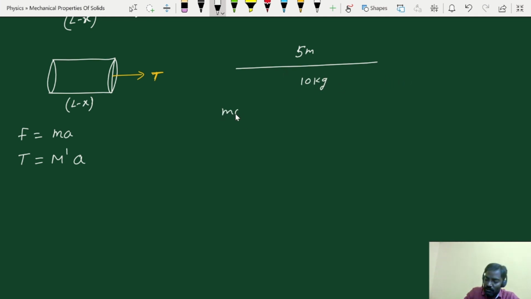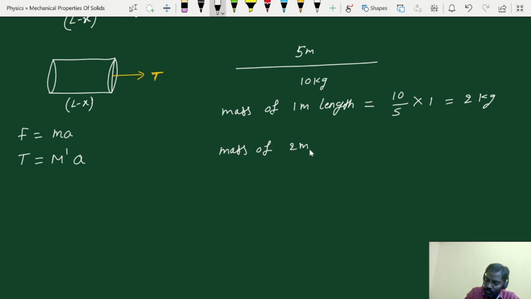If you want to calculate the mass of 1 meter length, it is mass per unit length into length, so that is 2 kg. If you want to calculate the mass of 2 meter length, it is mass per unit length into required length. So that is 4 kg.